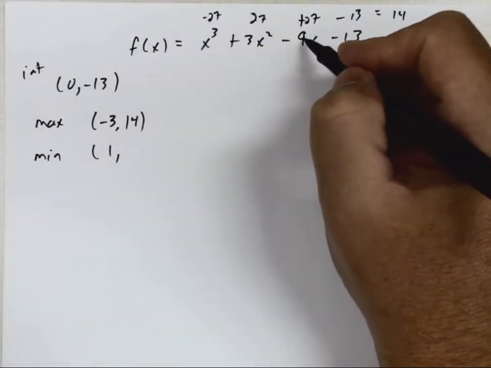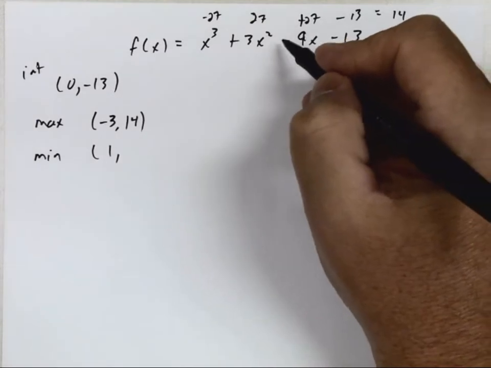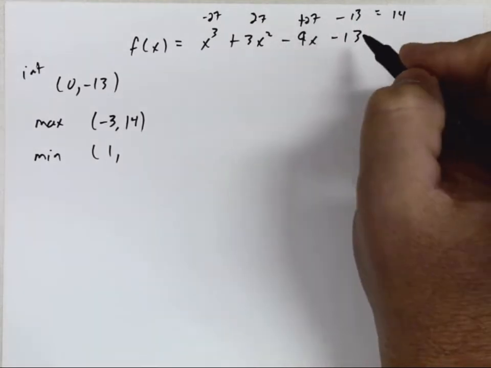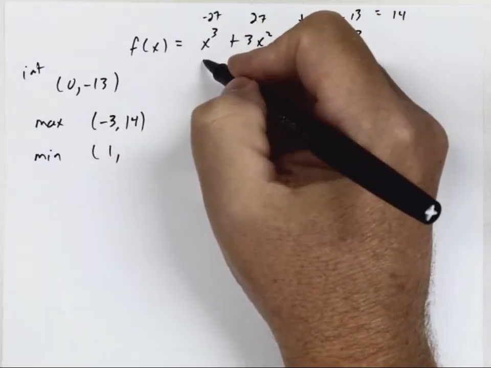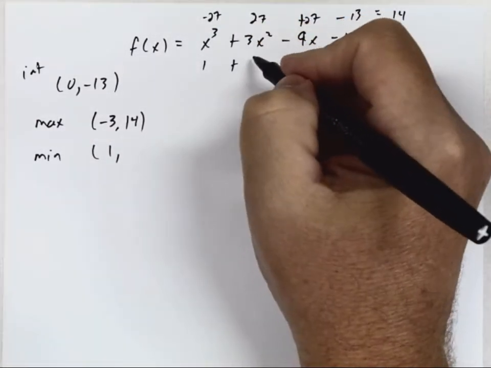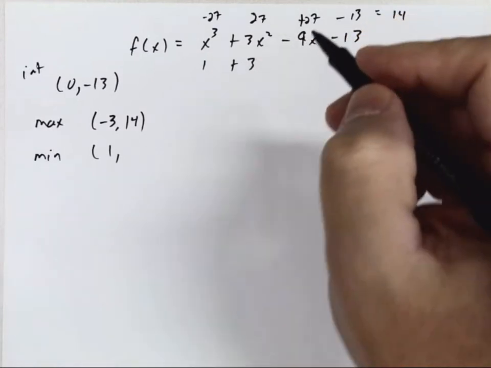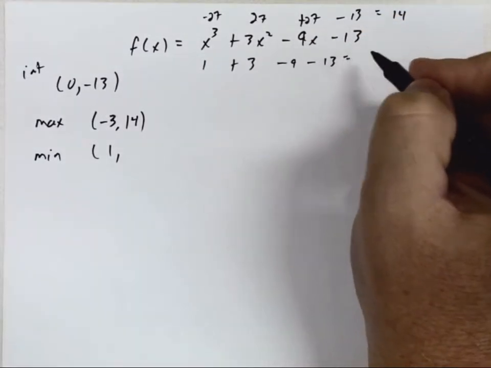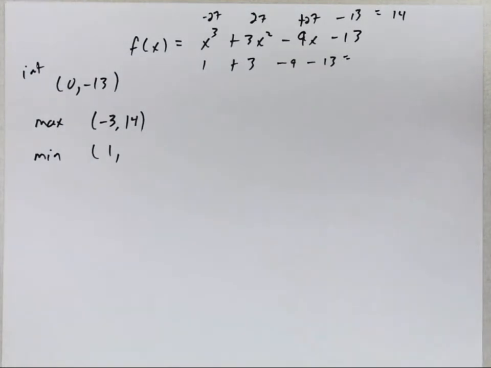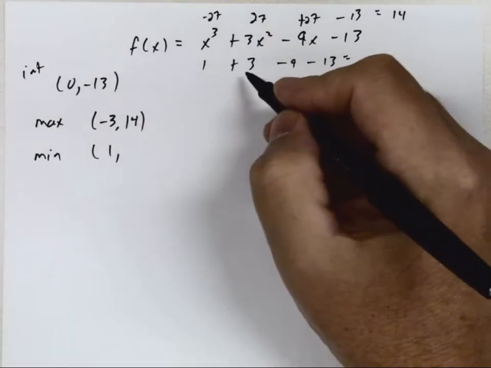And then -3 here is 27 with the negative, so it's positive 27. I think it looks correct. Now if I put a 1 in here, 1 cubed is 1, plus 1 squared is 1, 3, minus 9, minus 13. Looks like this is -22 plus 4.